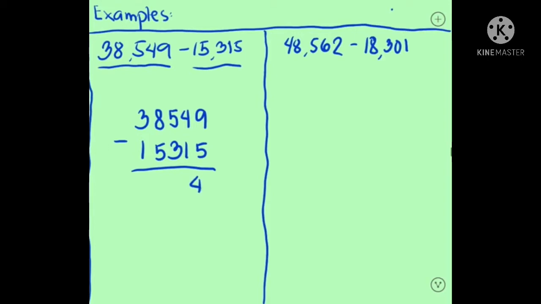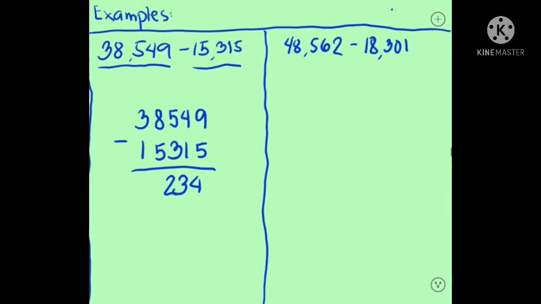4 minus 1 is 3, correct? 5 minus 3 is 2, correct? Make sure they are aligned, alright? This one is just like joining numbers.